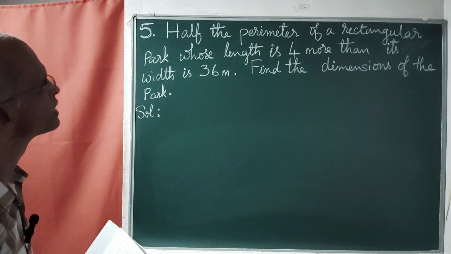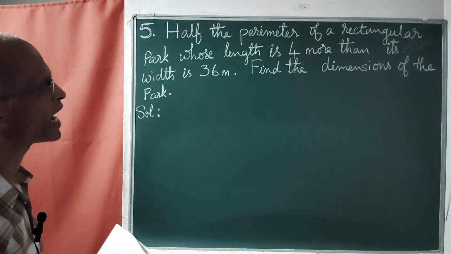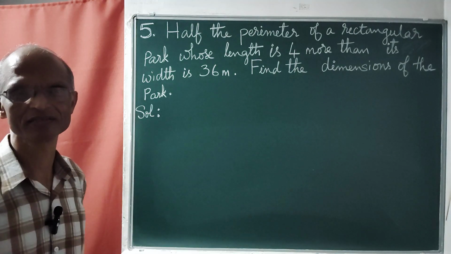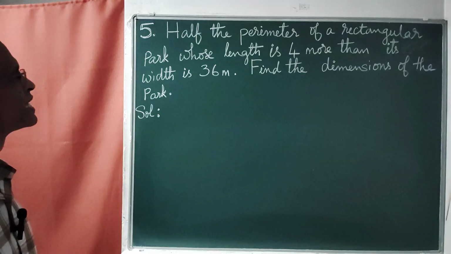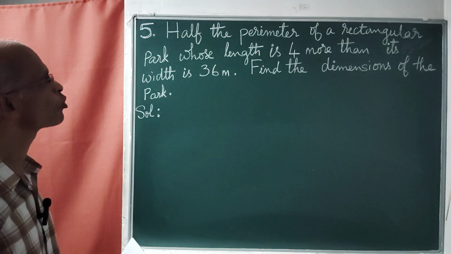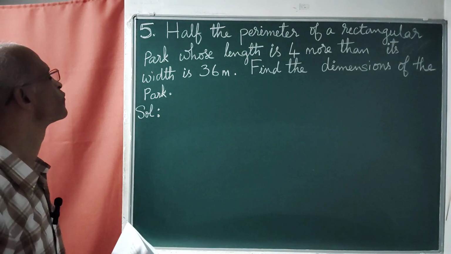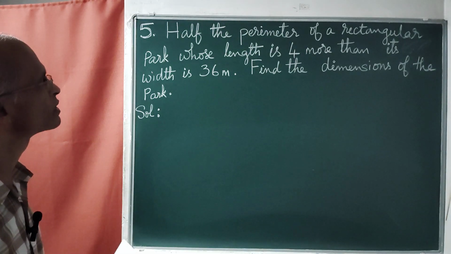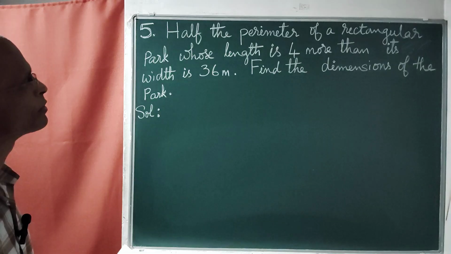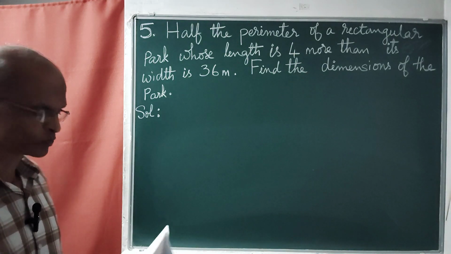Now in this sum, we have a rectangular park. The length of the park is 4 more than the width. And half the perimeter is equal to 36 meters.